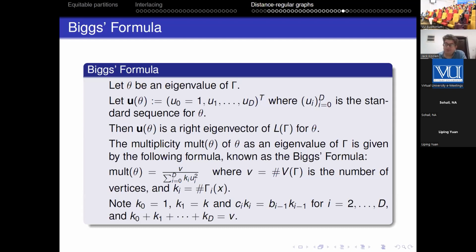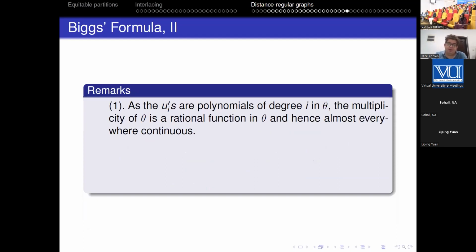So that gives a very strong feasibility condition. The multiplicity of θ must always be positive integers. And you can say a little bit more, but that is not so important now.